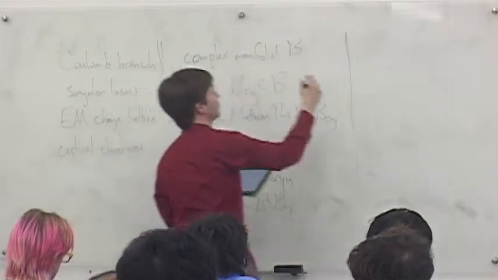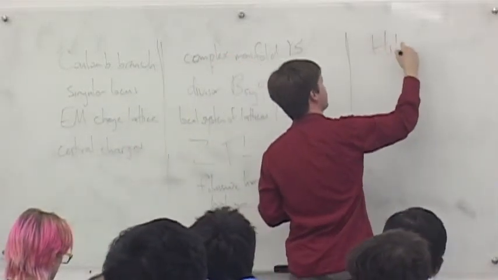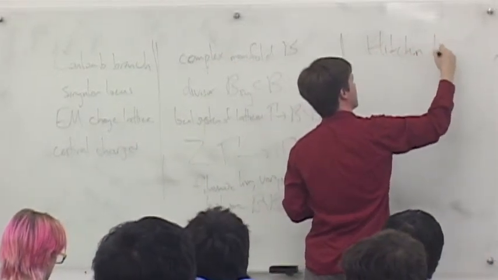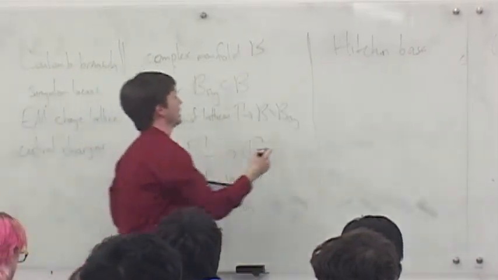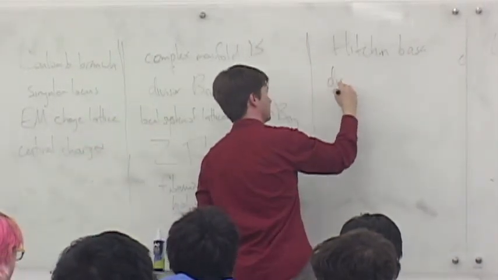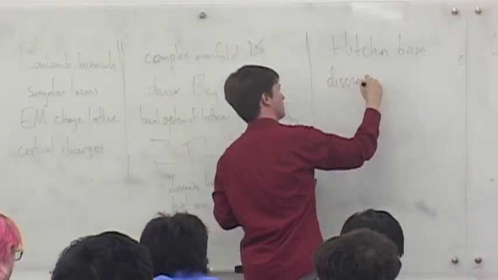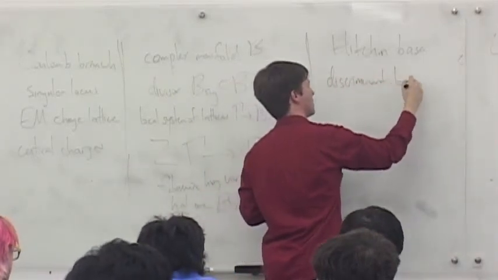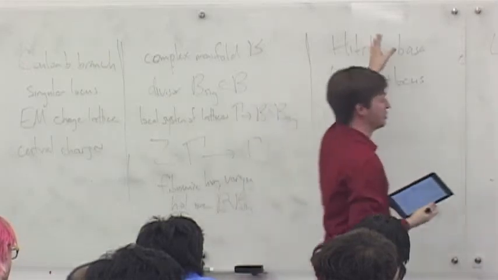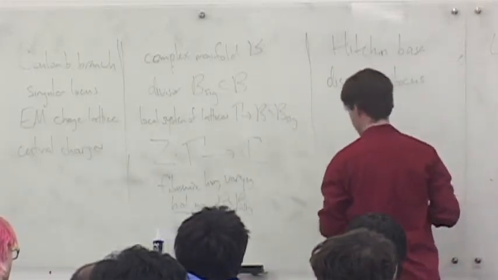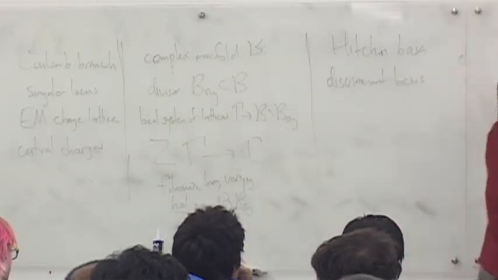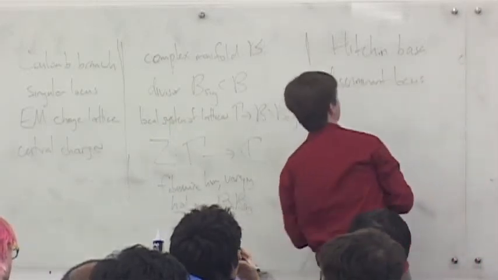As I said, the Coulomb branch is just the base of Hitchin's integrable system, the Hitchin base. The singular locus is just the discriminant locus of the Hitchin base. At each point of the Hitchin base, there's a corresponding spectral curve, and this is the locus where the spectral curve becomes singular. So this is the locus of singular spectral curves.